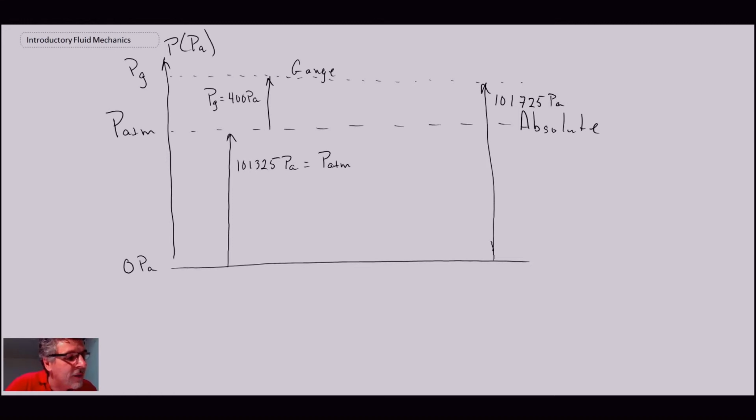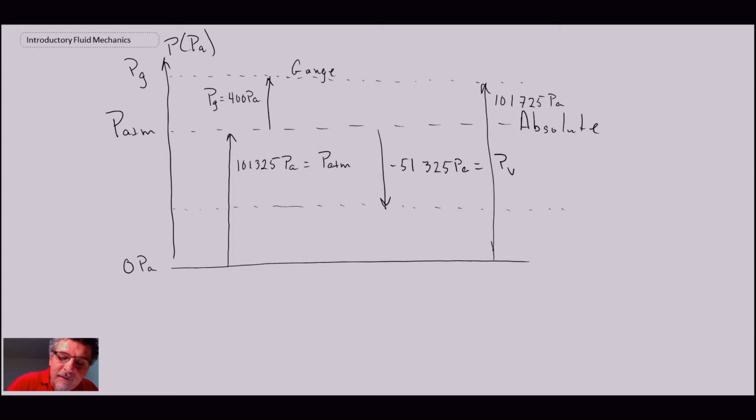And let's say we have a pressure that is lower than atmospheric. That would be our vacuum pressure. Let's say we have a vacuum pressure that is minus 51,325 pascals, and I'll call that P little v.